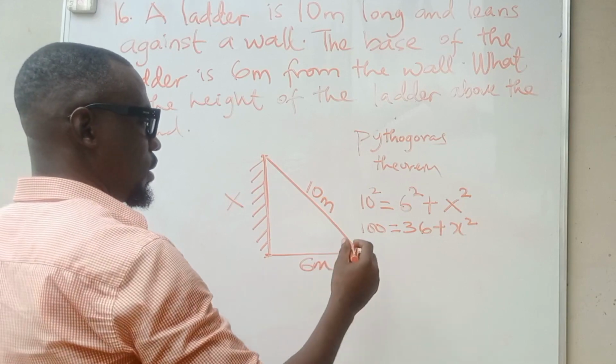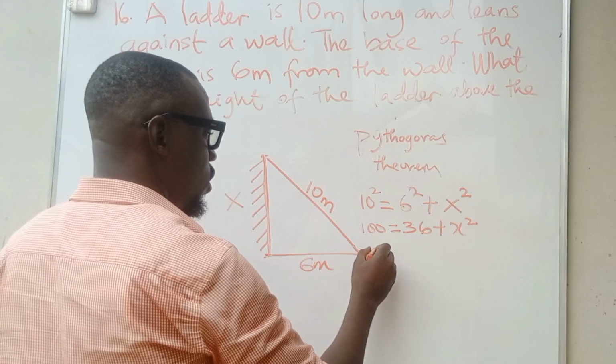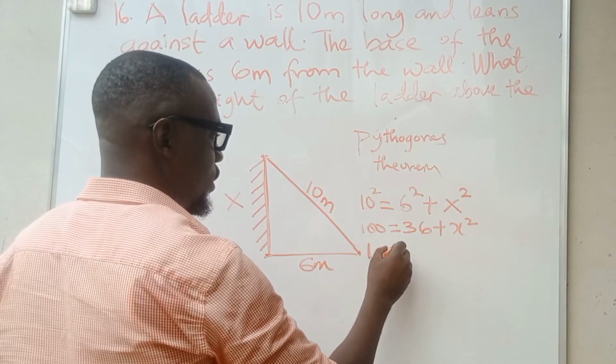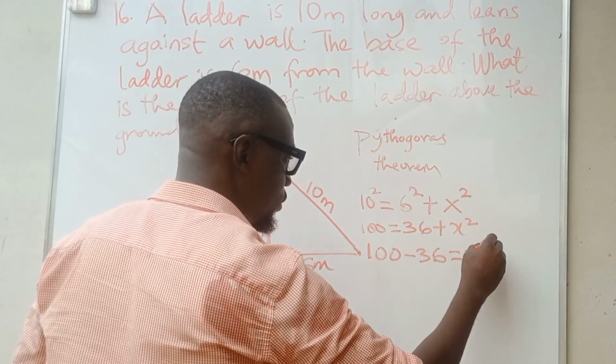Having done that, then you can now say 100 minus 36 equal to x squared.